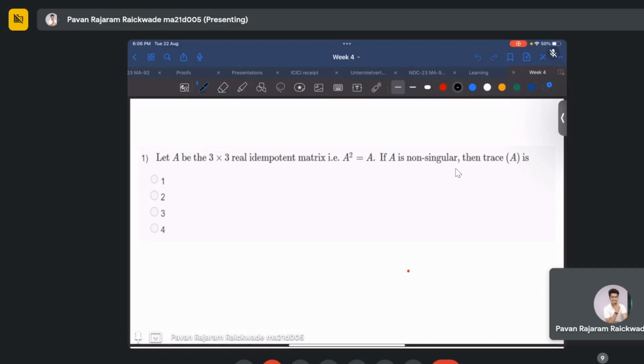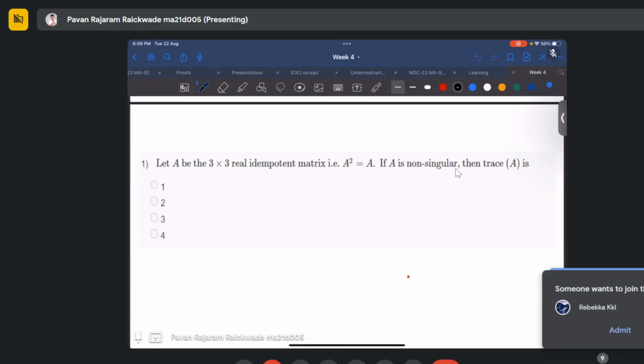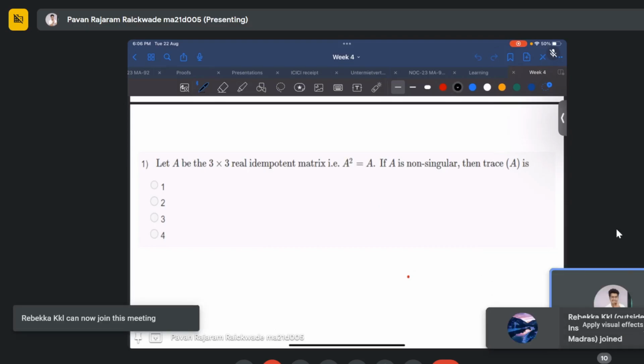The 3 cross 3 matrix eigenvalues will be 1 or minus 1, maybe. No, no, no. I think maybe I misheard you. The number of eigenvalues of any 3 cross 3 matrix will be 3. You will have 3 eigenvalues including algebraic multiplicity.